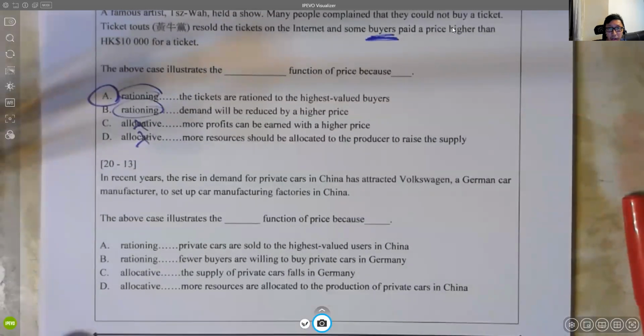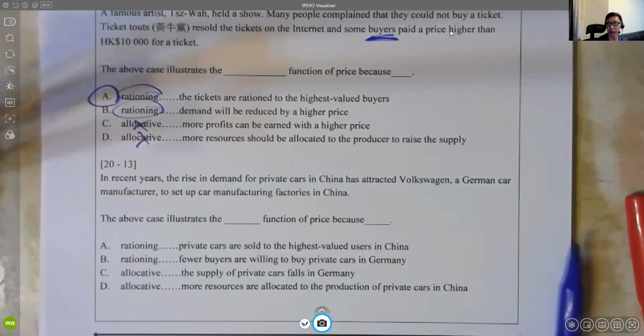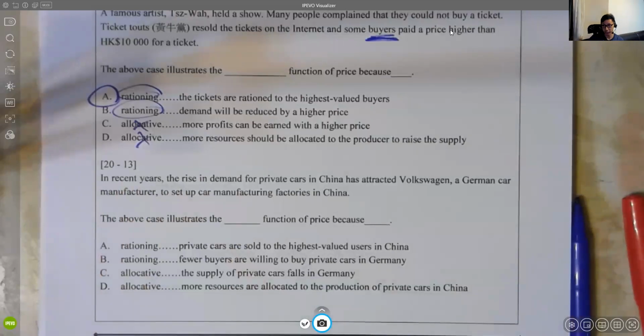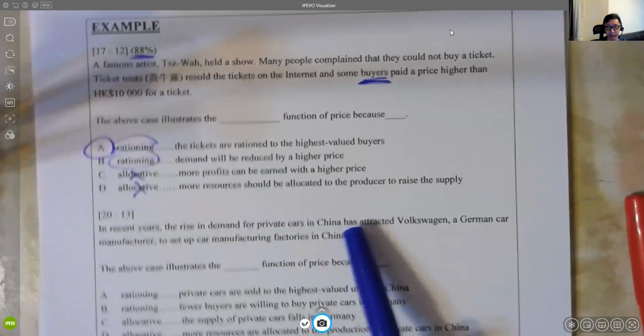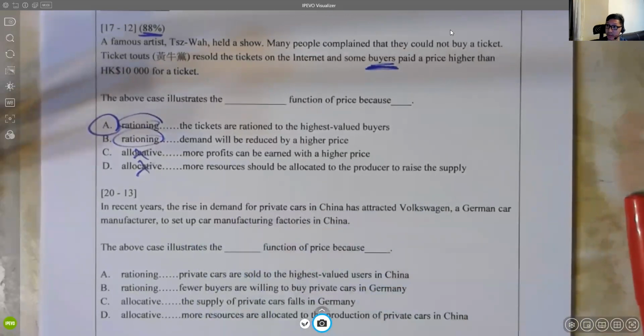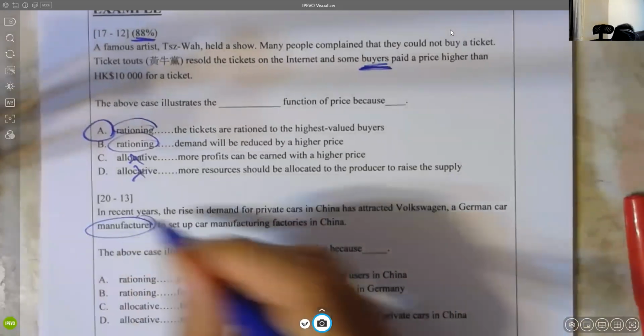Okay? 好啦，嗱，let me pause here and I will come back very quickly. Oh, unfortunately, I went away. I wanted to find a 2020 past paper to tell you the accuracy of this question. Unfortunately, I left it at school. So anyway, right here, the rise in demand for private cars attracted these and these to set up factories. 好啦，你見到啦 they set up factories, manufacturers.